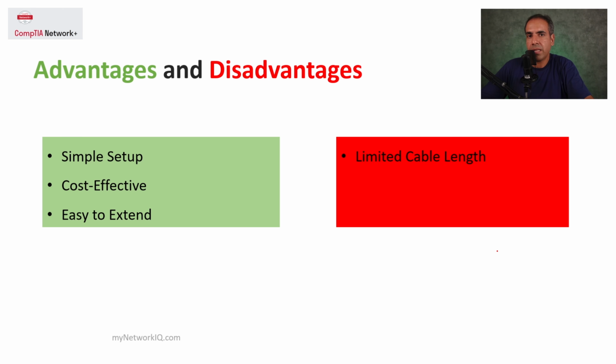The first disadvantage of this network topology is limited cable length. The length of the bus cable is limited to 200 meters or less, which can restrict the size of the network. The longer the cable, the weaker the signal. And the second disadvantage is network failure, which means if the central bus cable fails or one of the T connectors, the entire network goes down, unlike in star topology, where failure of a single cable affects only one device.